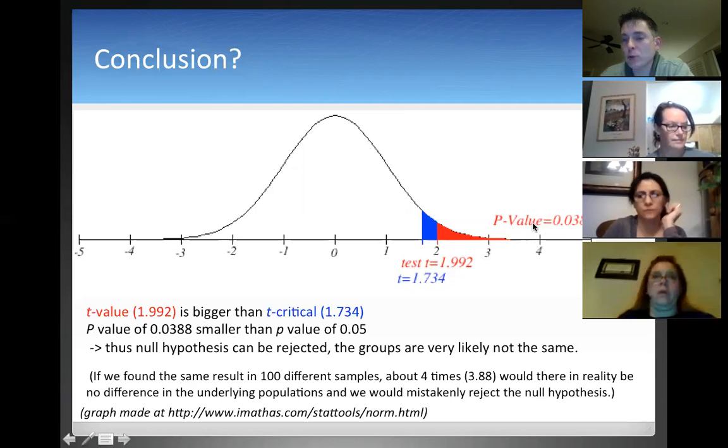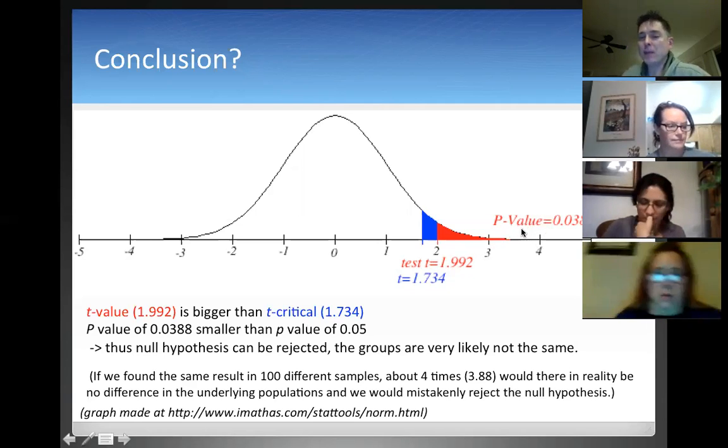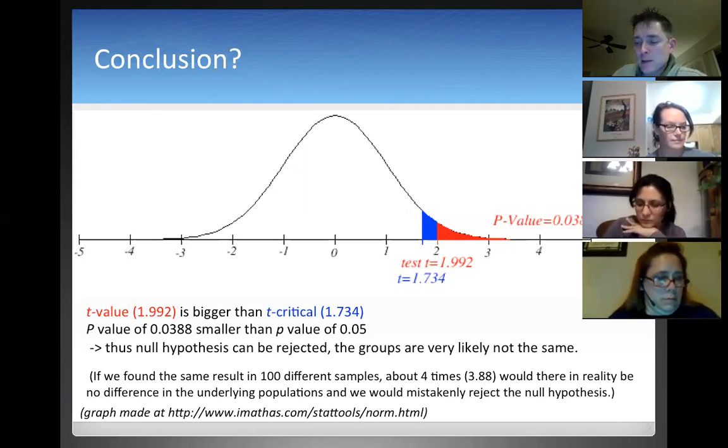Now, if you calculate the p-value, then you know the exact probability. And since it's the 5% significance level, my probability should be smaller than 5% in order to reject the null.